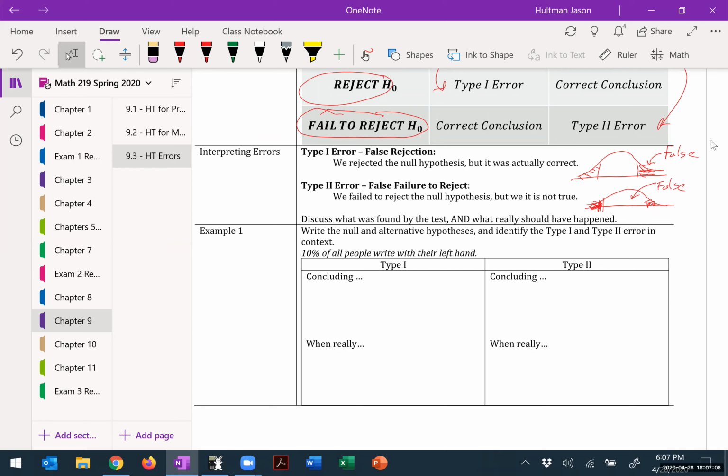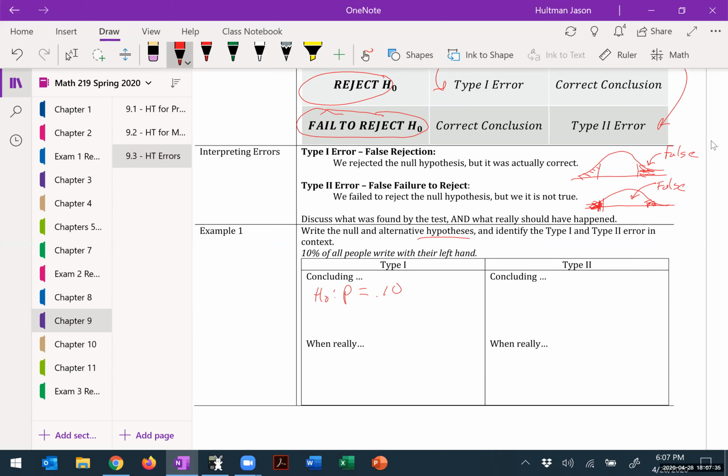Example 1: write the null and alternative hypotheses, and identify the type 1 and type 2 error in context. 10% of all people write with their left hand. So what is the null? The null would be that the proportion of people writing with their left hand is 10%.